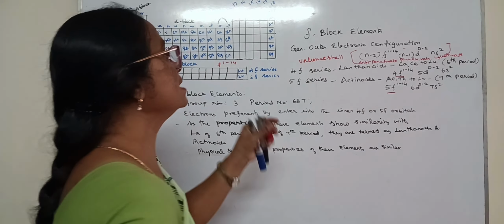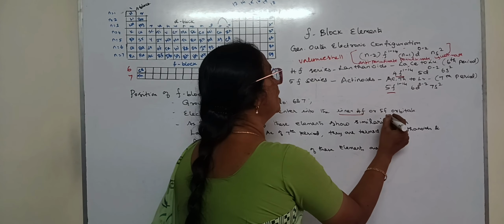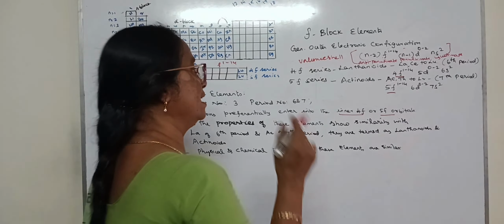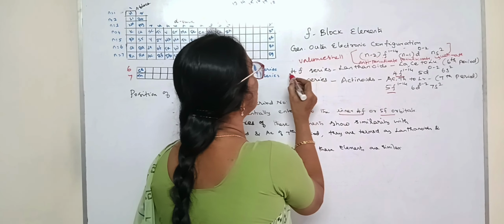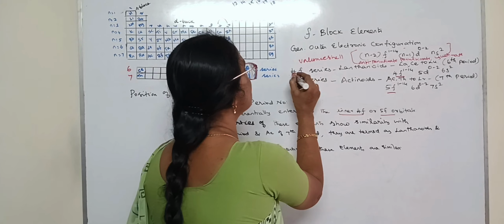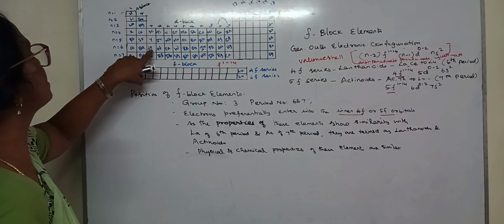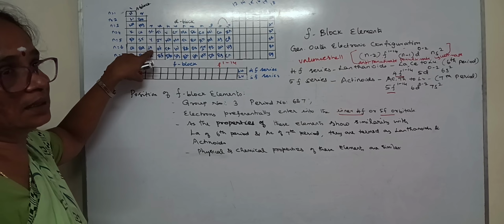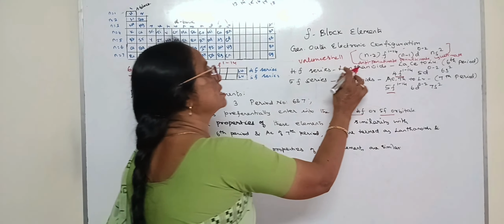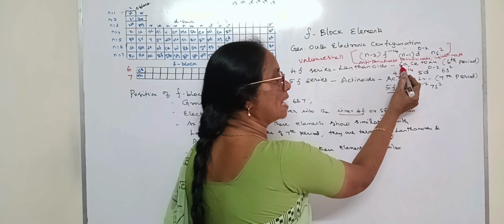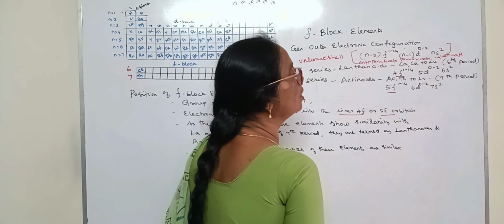That's why it is said to be the inner orbital of that electronic configuration. And if the 4f orbital is being filled up, then the series is said to be the 4f series. And the 4f series begins with lanthanum. That's why the name is given as lanthanides. So this series includes lanthanum and cerium to lutetium.